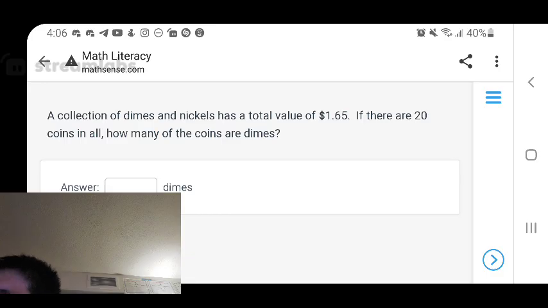So you can do 10 times 20 minus N plus 5N is 1.65. So 200 minus 10N plus 5N is minus 5N.